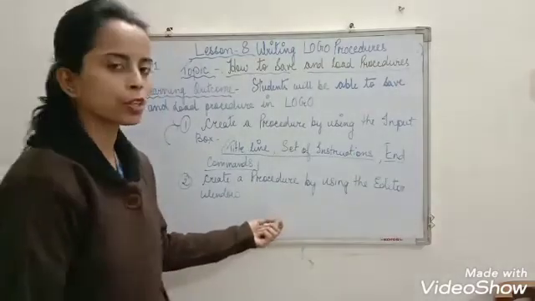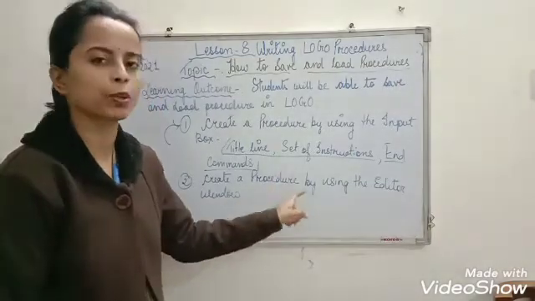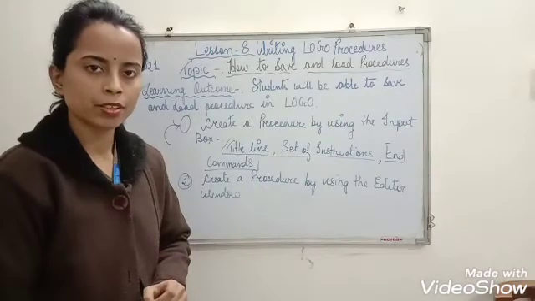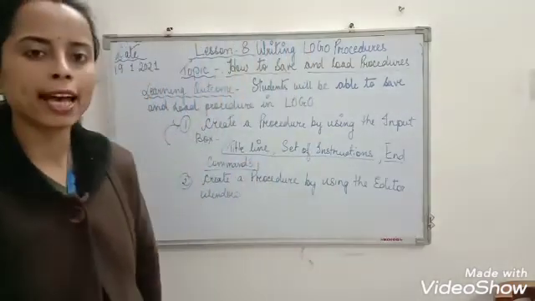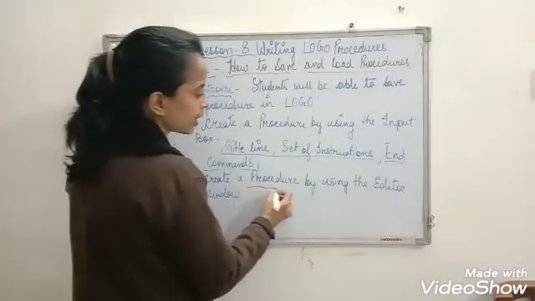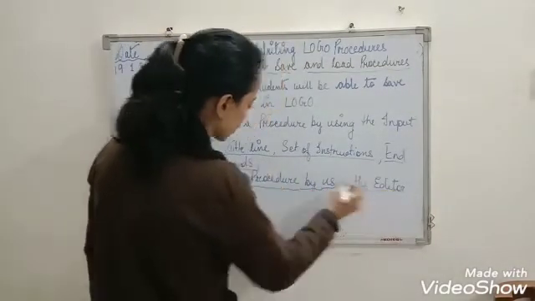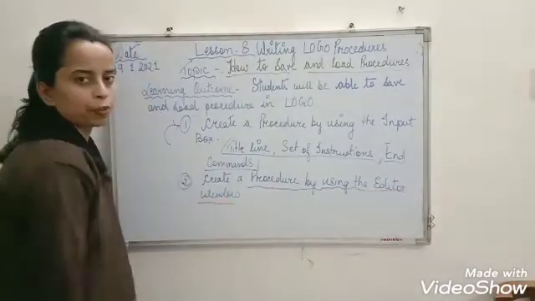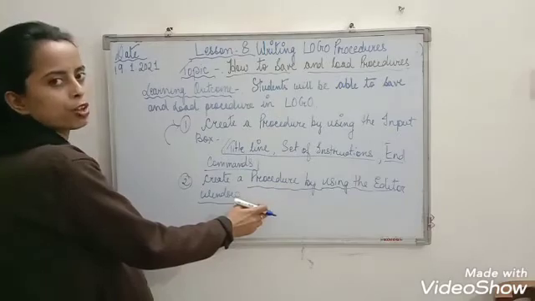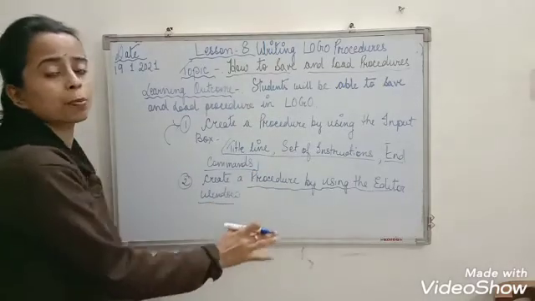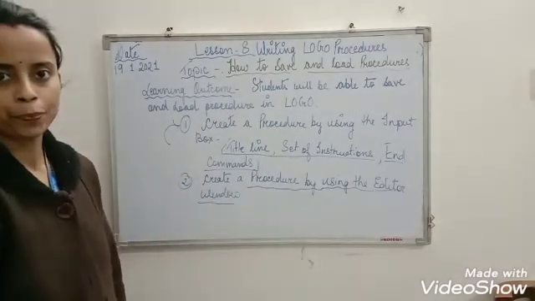So where do we have to go? First you have to click Logo, then go to the File option. Under the File option we click Edit, because we are going to create a procedure by using the editor window. So these are the two ways of creating a procedure in Logo programming.